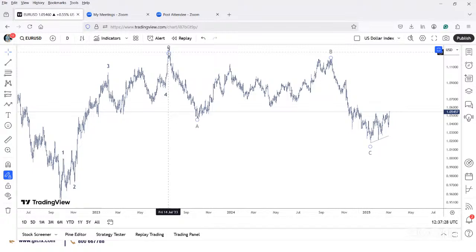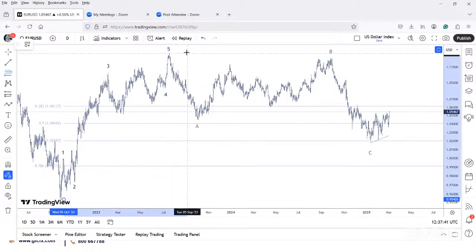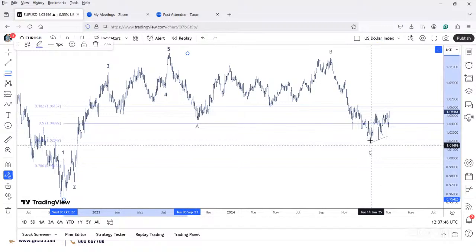So 5 waves, that will give us bracket 1. This will be bracket 2. Now bracket 2 is ending at a Fibonacci 61.8%. You see there? So on the 13th of January, the bracket 2 wave terminated and it gave us a trade signal.